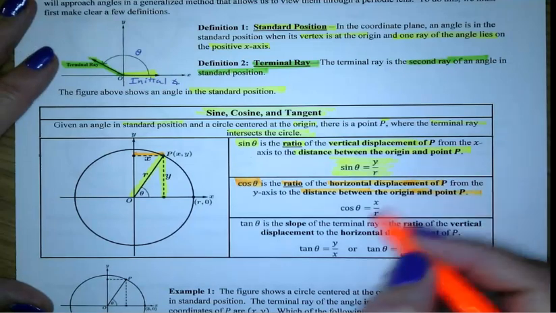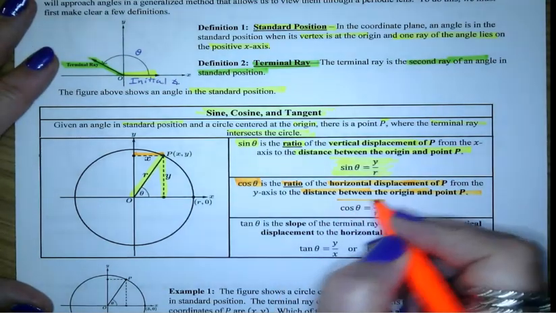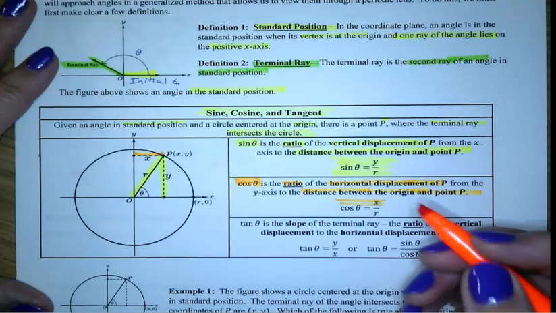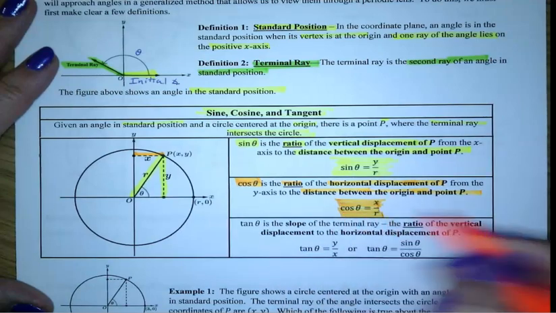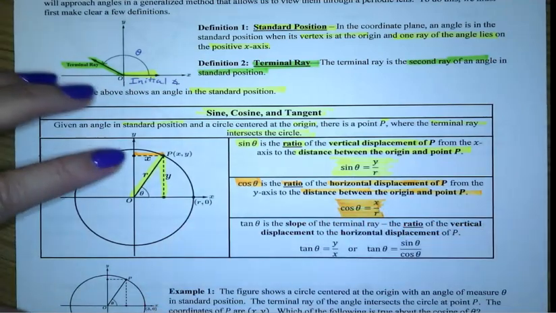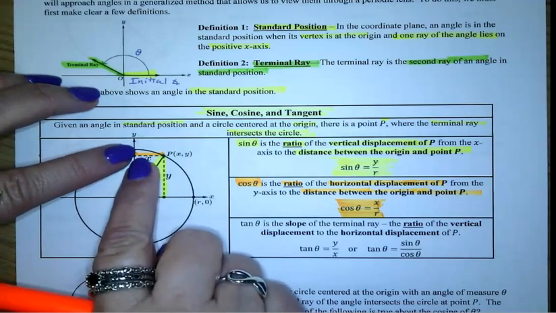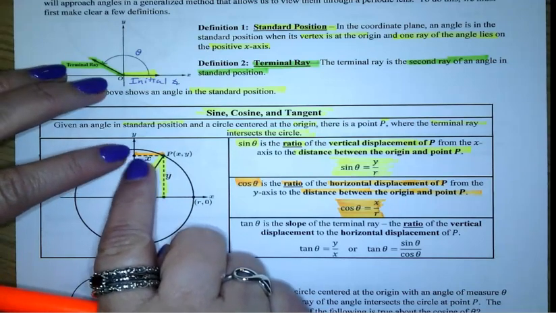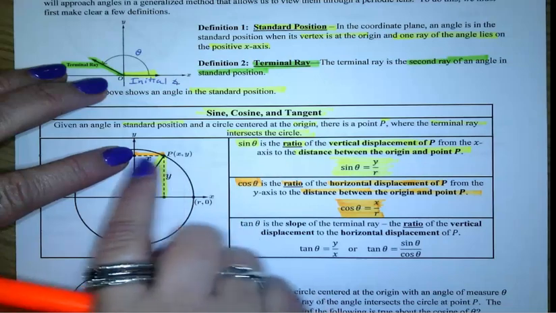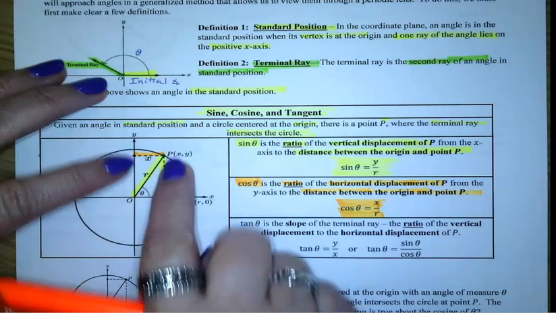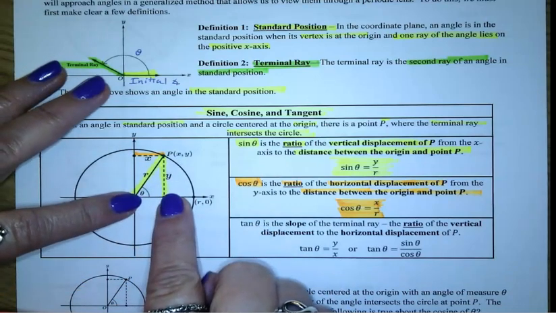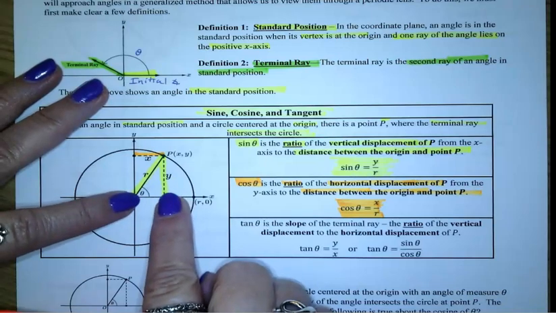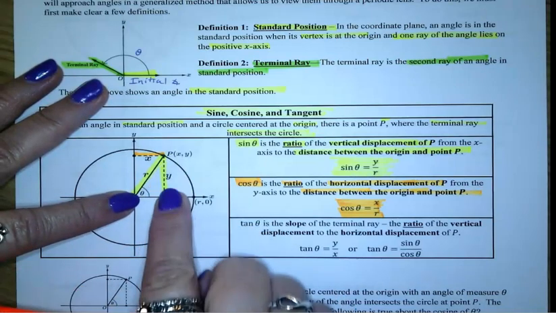So cosine of theta is x, that horizontal displacement, over the radius. When I say horizontal displacement, it comes from the y-axis and the line is horizontal to the terminal ray. When we talk about vertical displacement, we're coming from the x-axis up or down to the point.